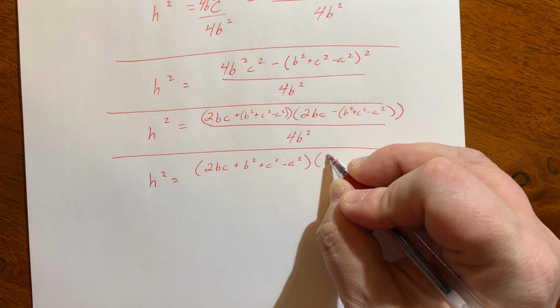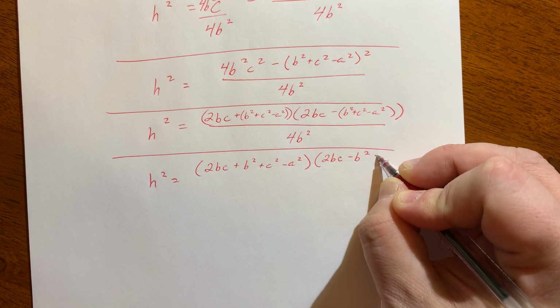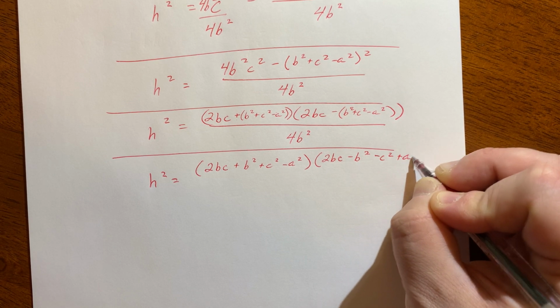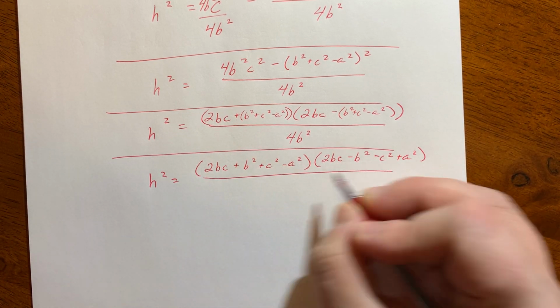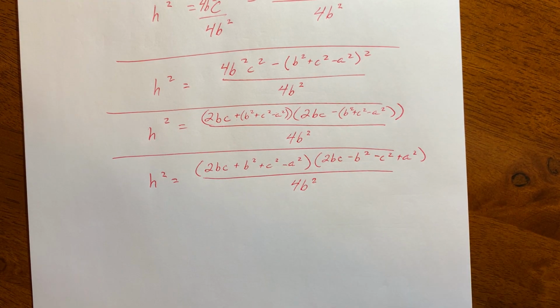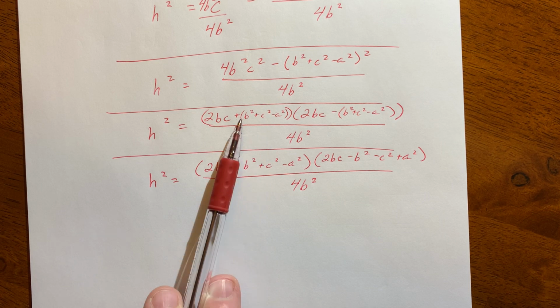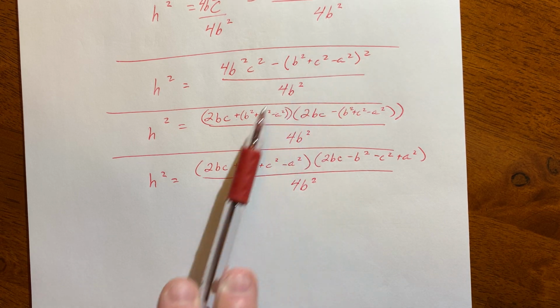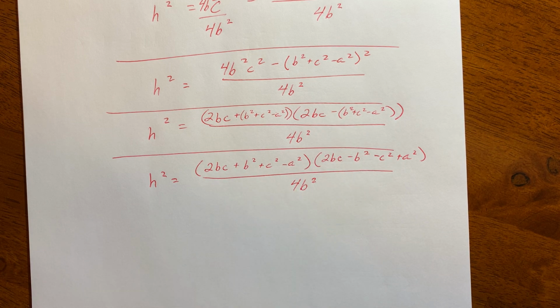And the other one will be 2bc minus b squared minus c squared plus a squared. So I changed the signs of everything in there. Still all over 4b squared. Okay, so we did our DOTS factoring with the numerator, but because one of these squared pieces had multiple parts, I just took a second to distribute out the addition and subtraction that we get from DOTS.